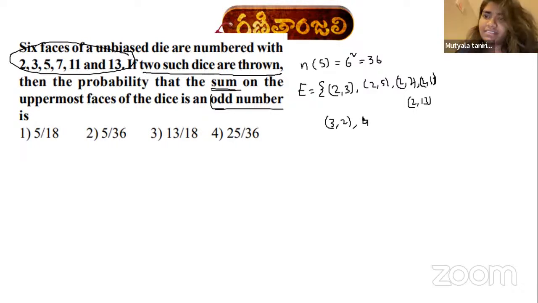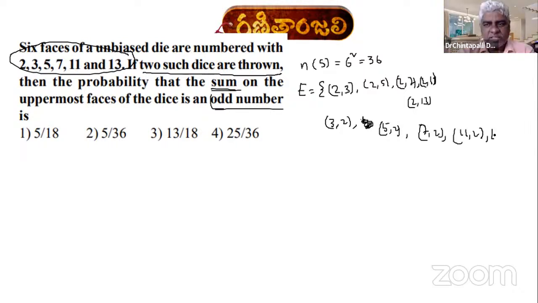There's no 4, 2. Then 7, 2, 11, 2, and 13, 2. How many are these totally? 10. Is it 10? n of E is equal to 10.